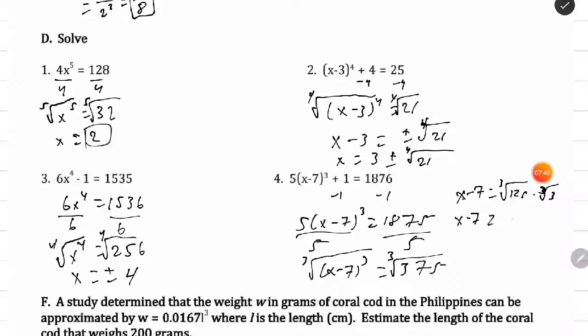Cube root of 125 is 5. So x minus 7 equals 5 times the cube root of 3. And then lastly, x equals 7 plus 5 times the cube root of 3.